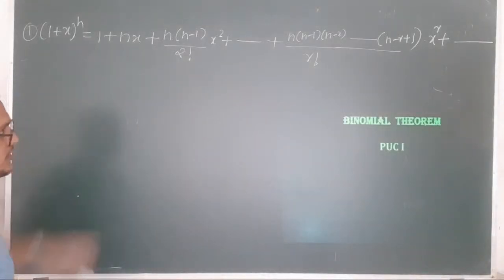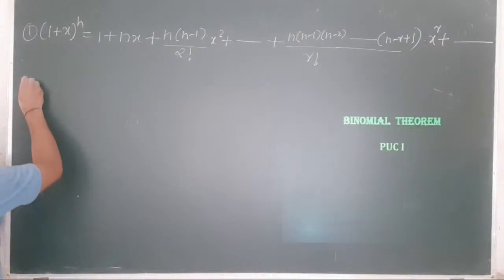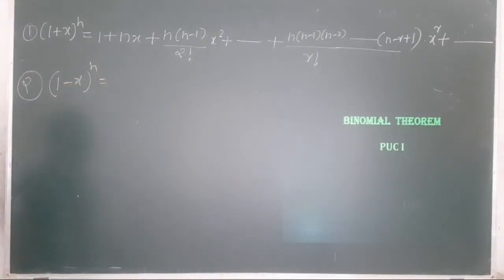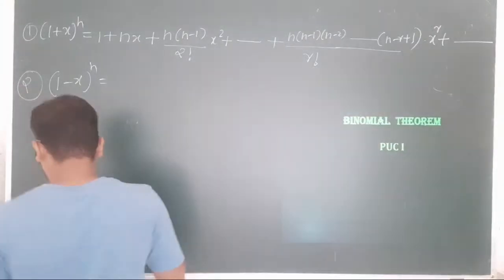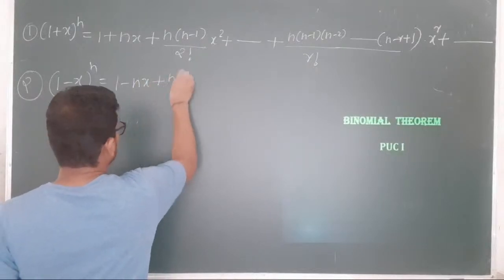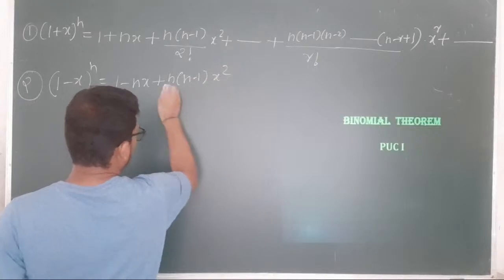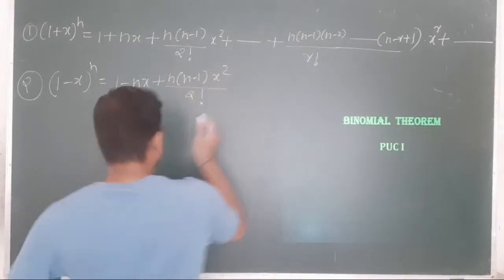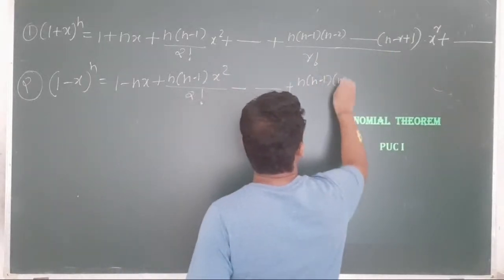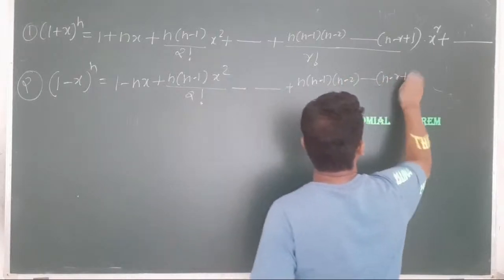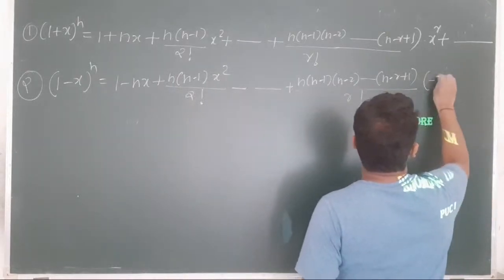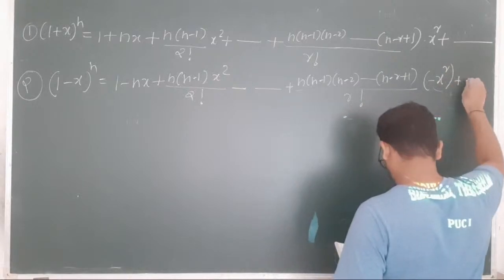You have to remember this. Suppose now you are writing this for (1 minus x) to the power n, then the expansion you will get is 1 minus nx plus n into (n minus 1) into x square divided by 2 factorial minus so on plus n into (n minus 1) (n minus 2) and so on (n minus r plus 1) divided by r factorial into (minus x) to the power r plus so on.